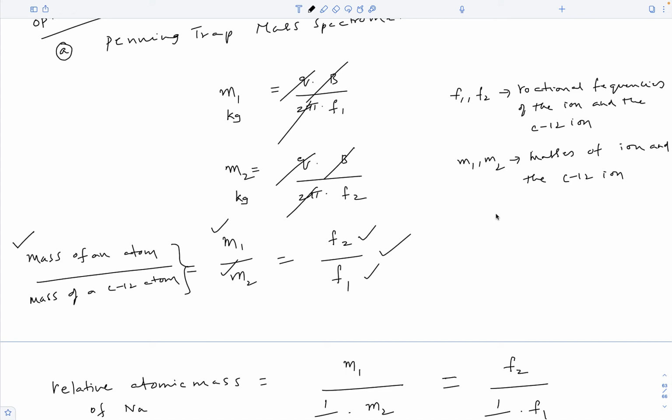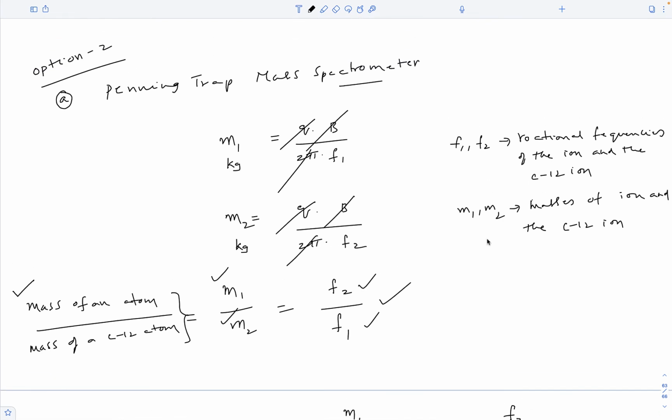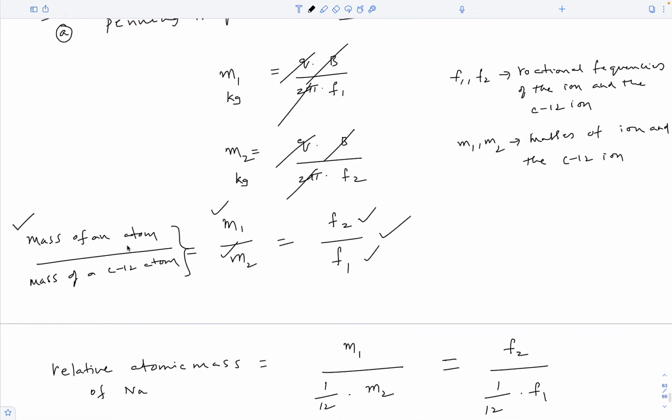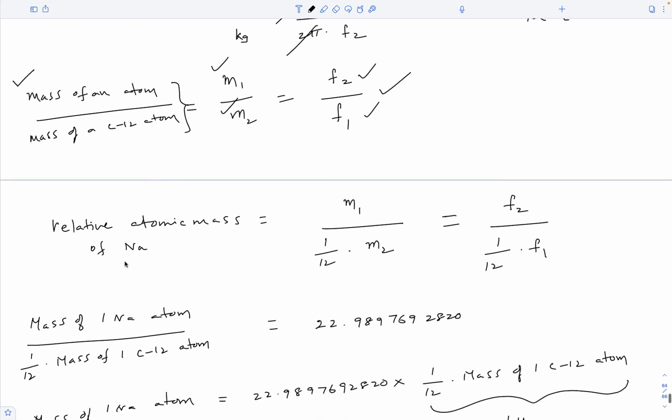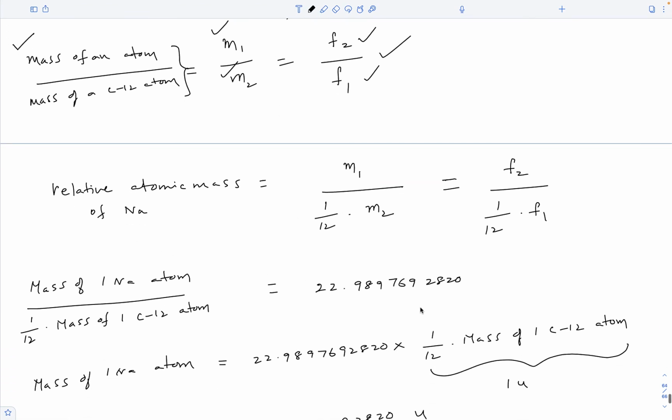That is why mass spectrometers are very good at measuring the mass of an atom relative to the mass of another atom, as we discussed before. So, if you take a sodium atom, you will find its relative atomic mass is this, a very accurate value.